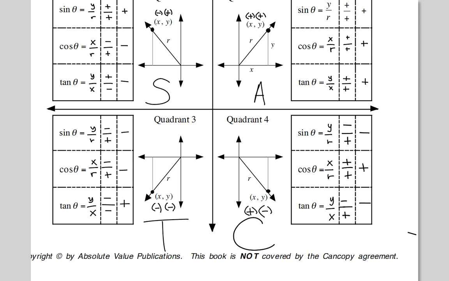And we've got this ASTC acronym that I'm going to ask you to memorize. Question? Cats, if you did the bow tie? I like that. That's pretty cool.